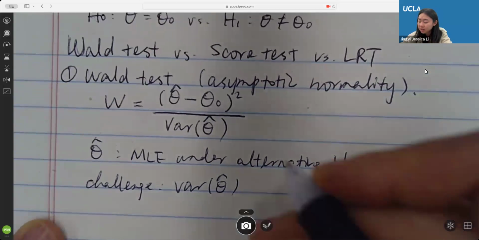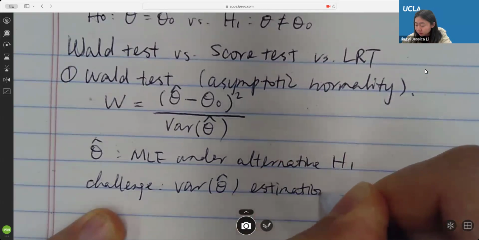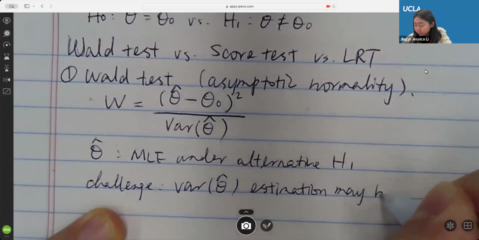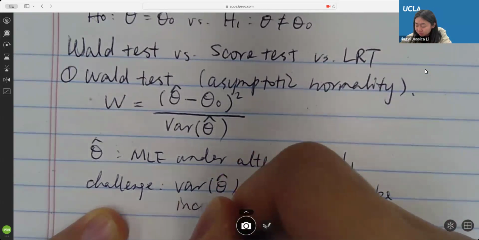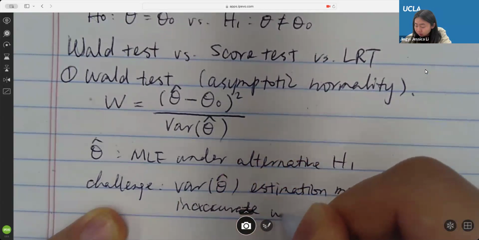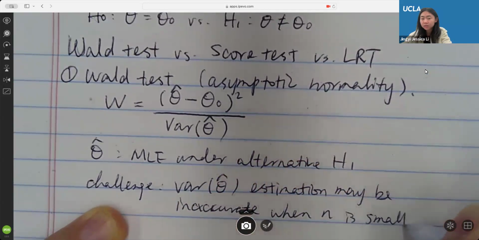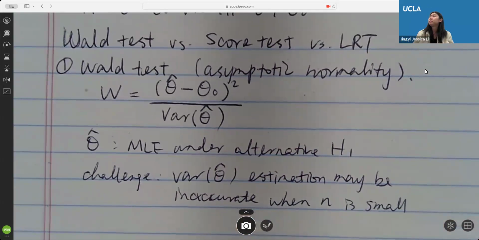So how do you estimate this well? This estimation may be inaccurate when n is small. When you have a small sample size, you cannot estimate this variance well.